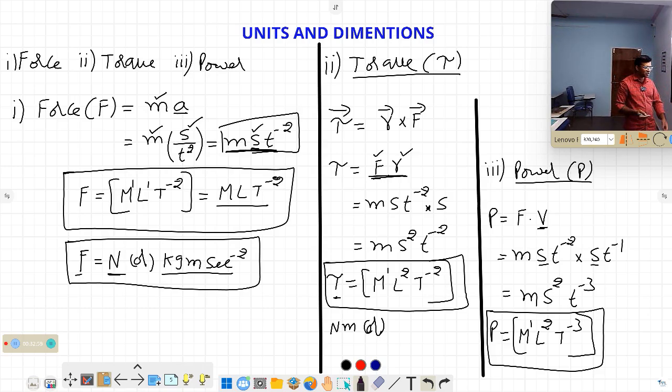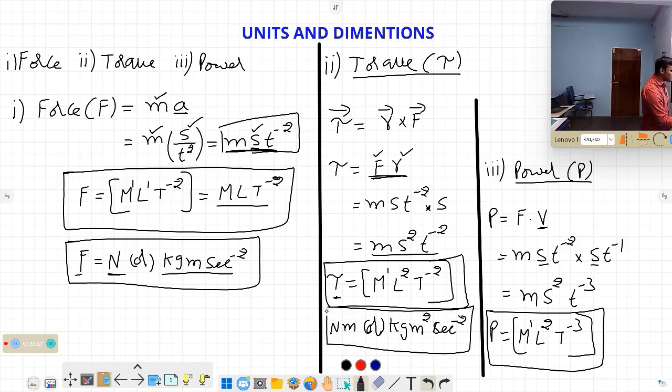Also we can express this torque in terms of fundamental units like this. What is the fundamental mass? Only one, that is kg. Distance is squared, that means meter square. Time is second minus 2. So this is how we can express the torque in terms of its own unit and in terms of fundamental units. Similarly, the power can also be expressed.